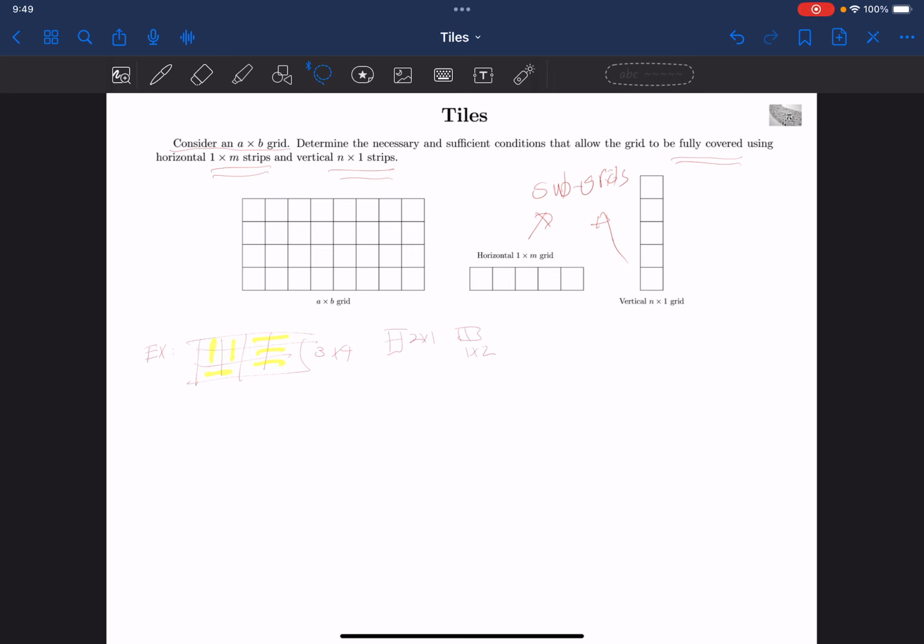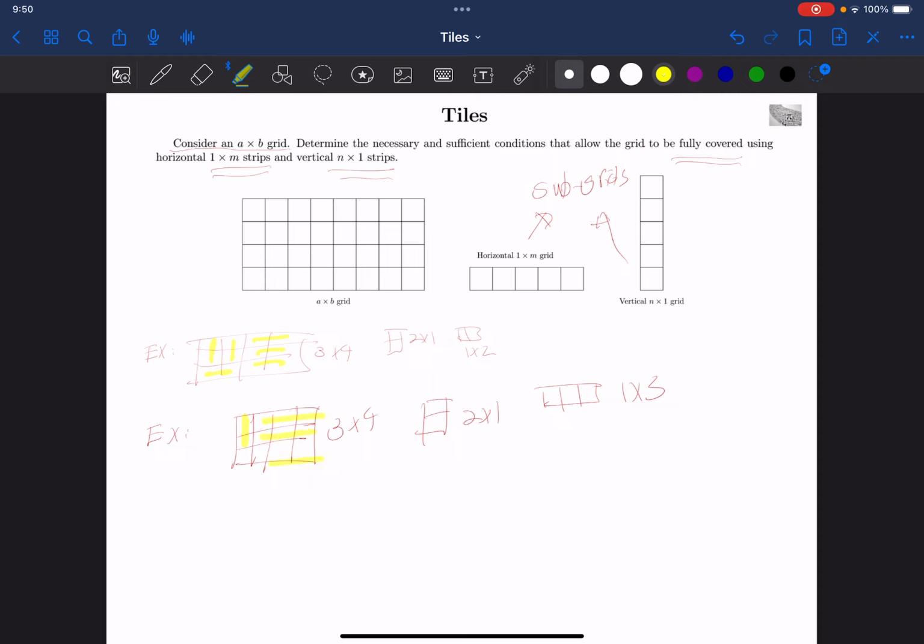Just a simple example that shows us that it's not always possible. Consider 3 by 4 again. But this time, suppose that I'm given 2 by 1 and 1 by 3. Let's try if I could actually tile this 3 by 4 using these two subgrids. So 2 by 1, then 1 by 3, 1 by 3.